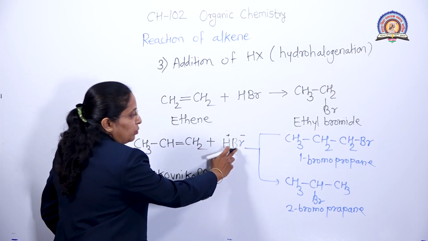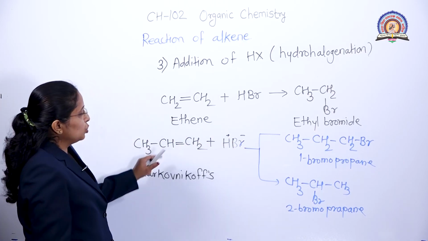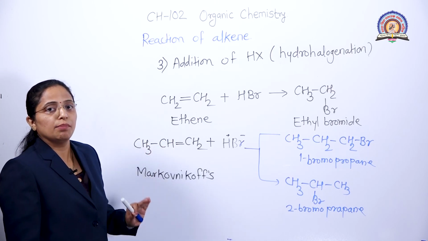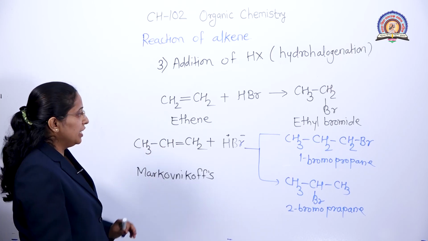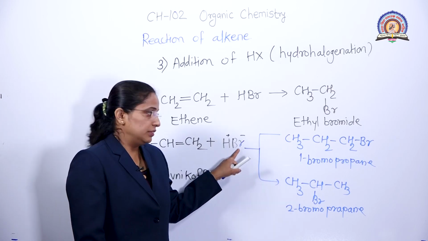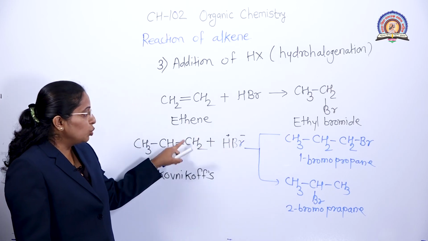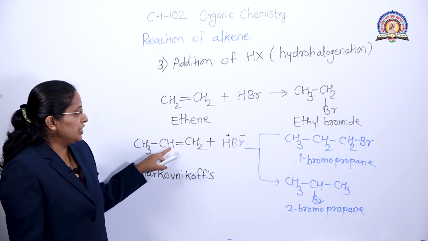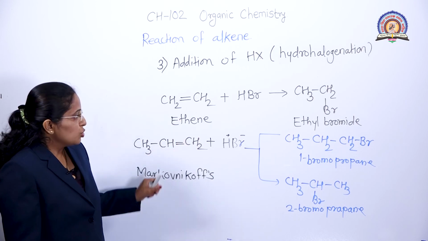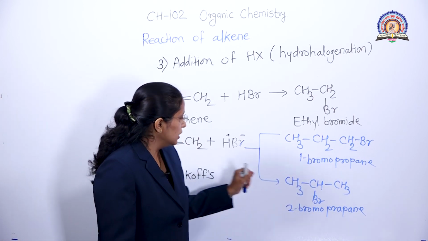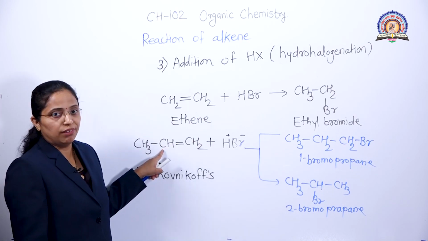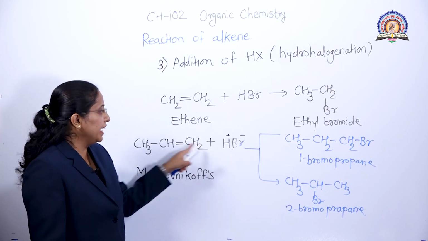So the negative part of the reagent gets attached to that carbon which has fewer hydrogens. Here the hydrogens are fewer on the middle carbon, and to this bromine gets attached.